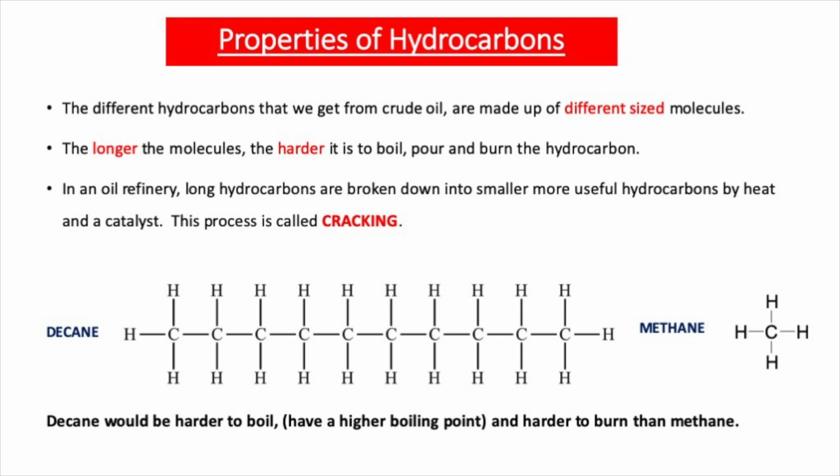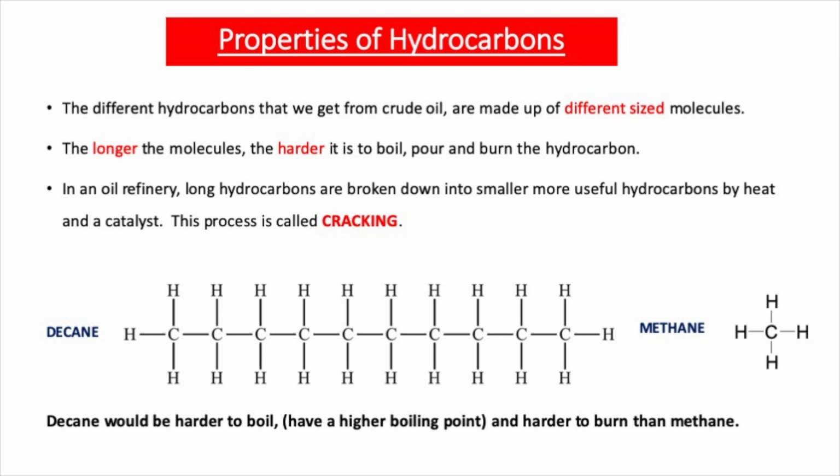Now, as alkanes are mainly used as fuels, it's vital that you're able to burn them. It's vital you're able to pour them, and it's vital that they have low boiling points, so you can turn them to gas, and you're able to transport the gas conveniently through pipelines.